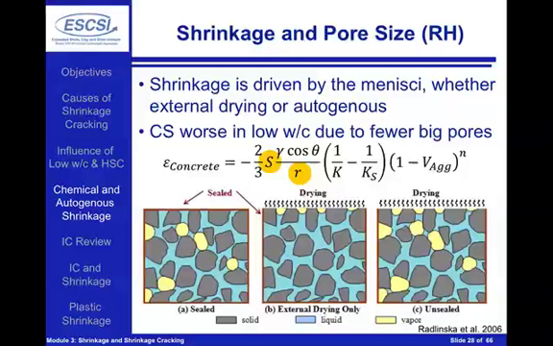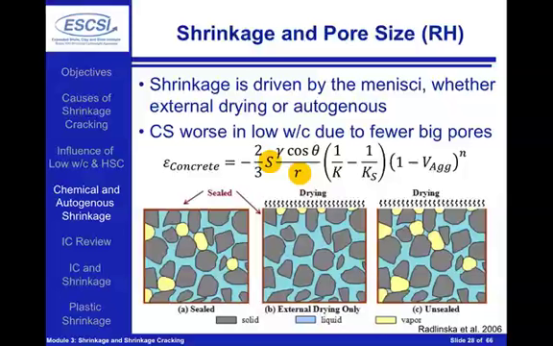The real takeaway here is that with R being in the denominator, the smaller the pores are that are emptying out, the higher the shrinkage stress is going to be in the system. So in a higher water to cement ratio concrete, a 0.5, a 0.6 concrete, we can empty out fairly large pores and not generate a lot of shrinkage.